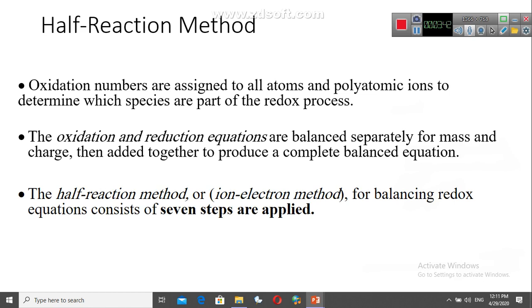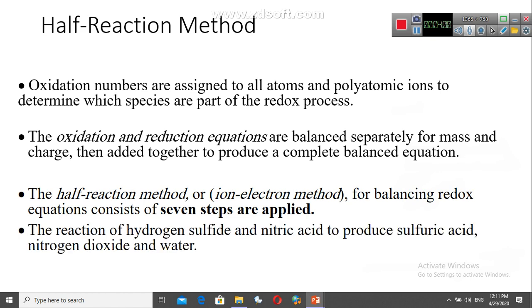These 7 steps are applied to the following reaction equation. If hydrogen sulfide reacts with nitric acid, this is an example.